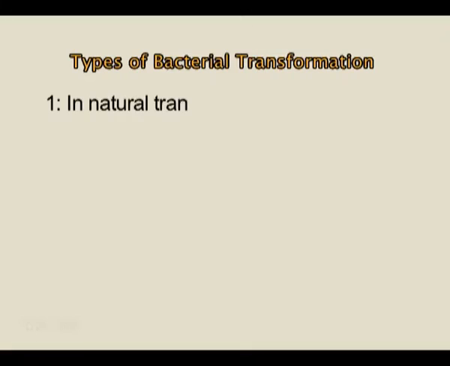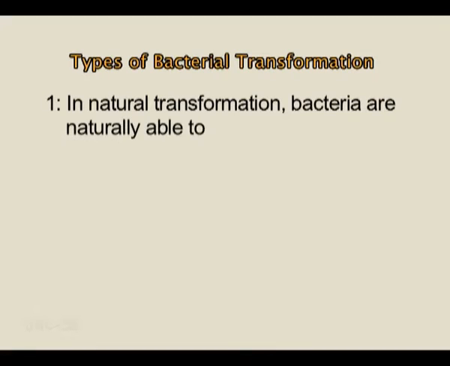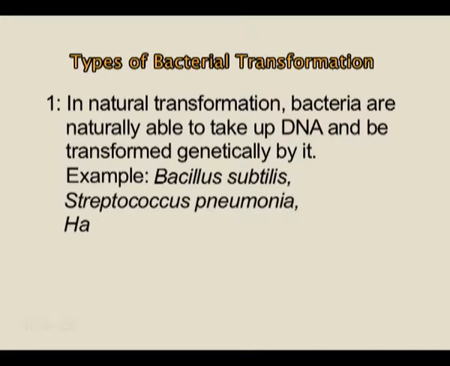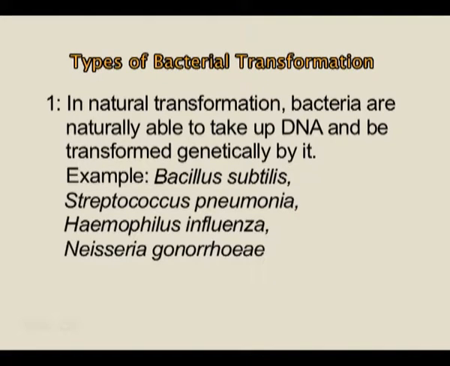So if I broadly categorize transformation, it can be divided into two categories. Number one is natural transformation, meaning there are certain bacteria residing in the environment that are capable of uptaking DNA on their own. Such examples are Bacillus subtilis, Streptococcus pneumoniae, Haemophilus influenzae, Neisseria gonorrhoeae and so on.